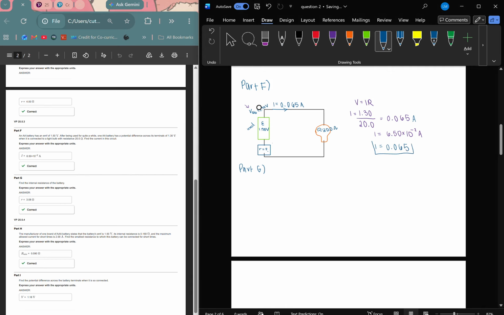Let me put this up here so it's easier for me to look at again. Okay, so we wrote the I up here and we're trying to find the internal resistance of the battery.